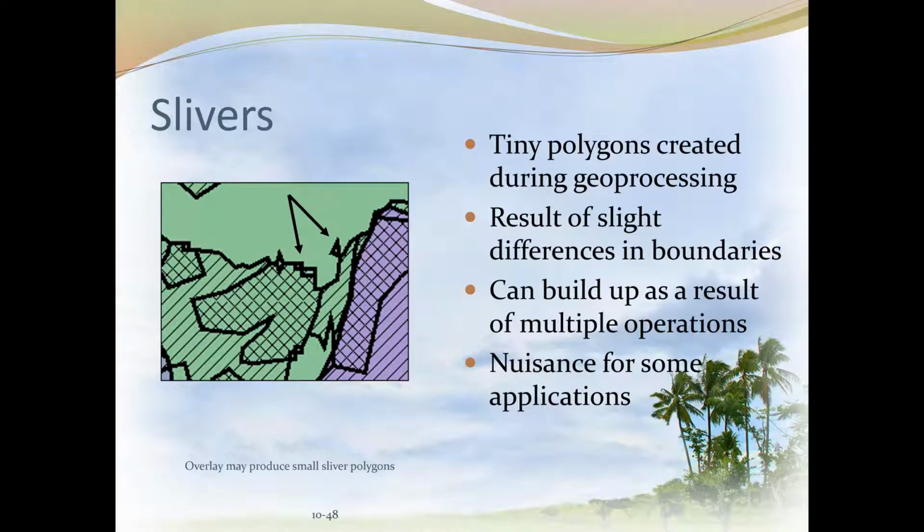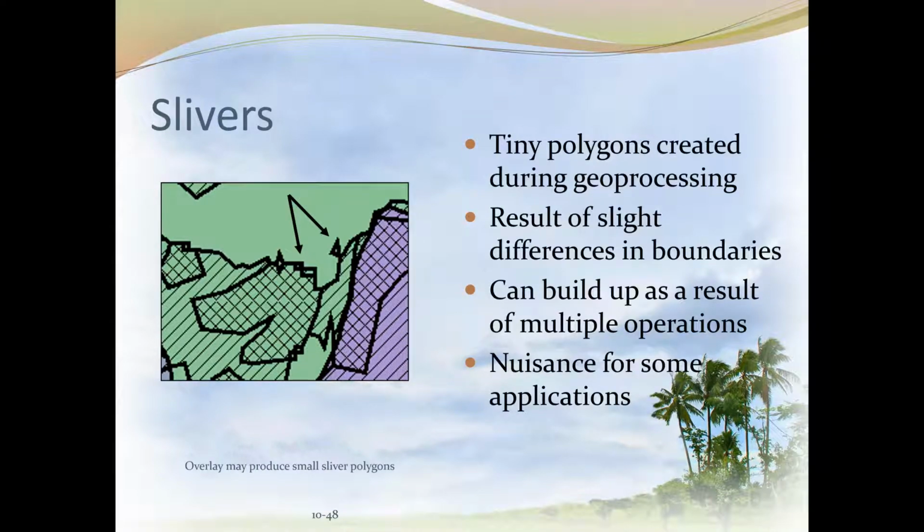Slivers. Overlaying layers often produces small extraneous polygons or lines called slivers. Sometimes these slivers represent real features; however, more often they arise when overlaying layers share some boundaries, such as voting districts and counties.